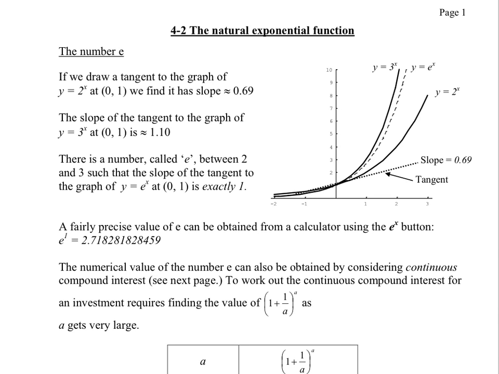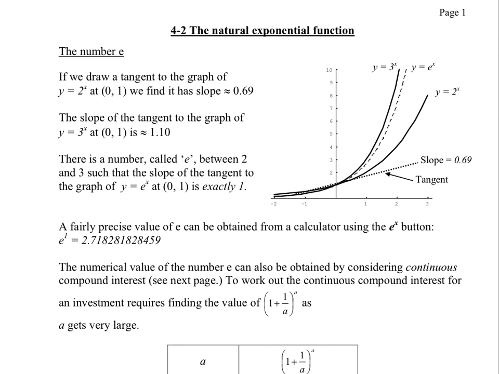One way, which is useful when it comes to calculus, is to look at the graph of y equals 2 to the power of x, the graph of y equals 3 to the power of x, and to look at the slopes at any point.